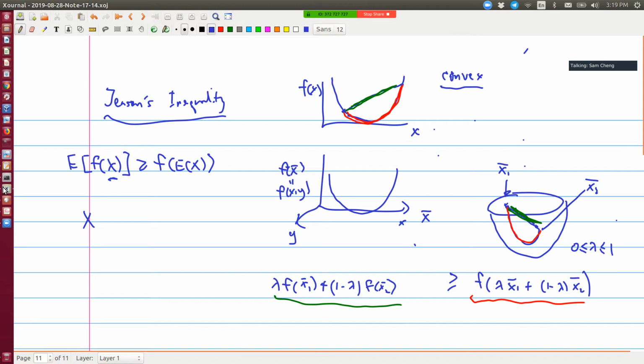I won't actually show the Jensen inequality rigorously, but I'll argue that it's quite apparent it's true.